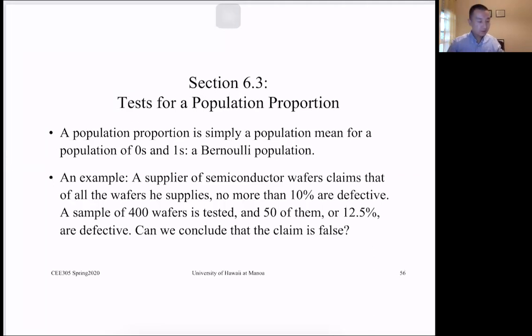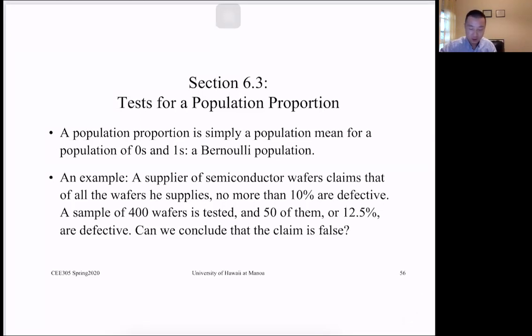Okay, so last week we discussed hypothesis tests. Section 1 is a large sample test for population mean, and we also learned how to draw conclusions based on the results. This week we start with section 3, which is tests for population proportions.